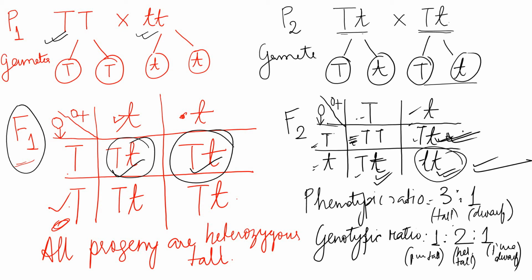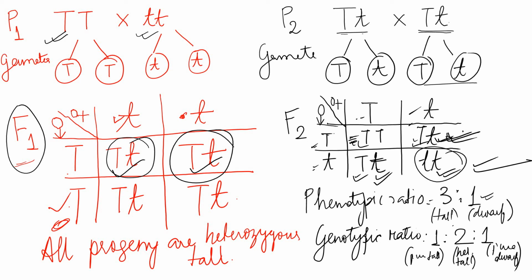He took two of the progeny, those that are heterozygous, and crossed them again. While crossing them, he found in the F2 generation, the filial generation, that if we just observe the phenotype, there are 3 tall plants, and one recessive character has got expressed. So the ratio is 3:1.